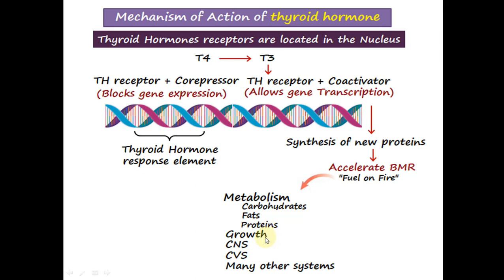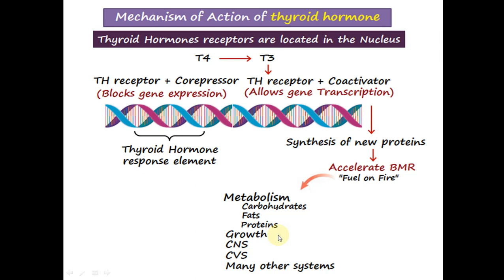And for this reason, screening in most of the European countries is active, and they check for the presence of thyroid hormones in the newborn by testing the thyroid stimulating hormone, which is a sensitive test for thyroid abnormalities.